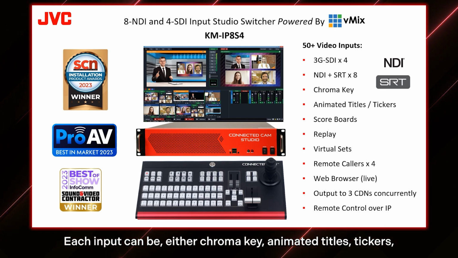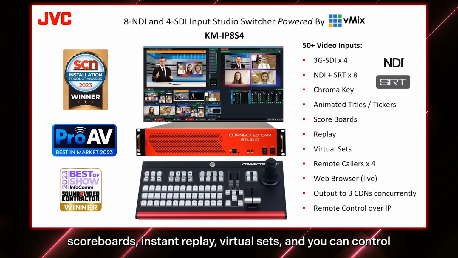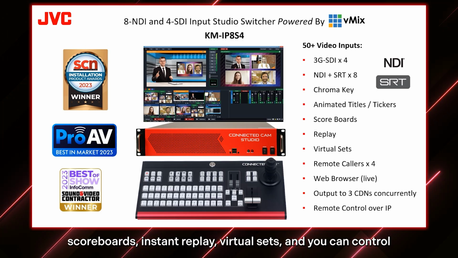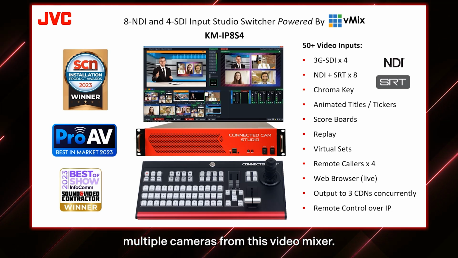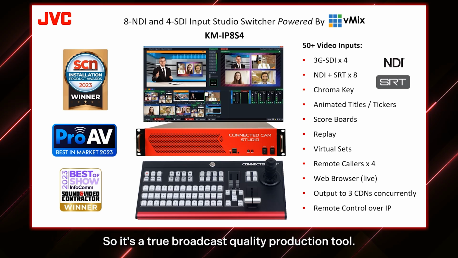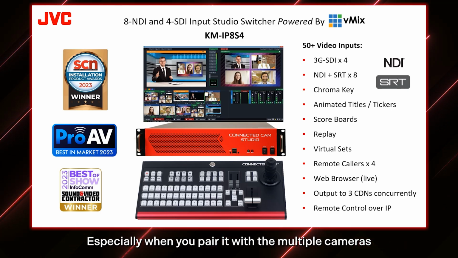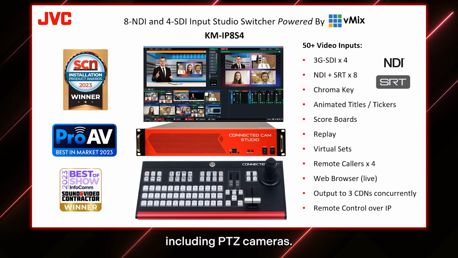Each input can be, there's chroma key, there are animated titles, stickers, scoreboards, instant replay, virtual sets, and you can control multiple cameras from this video mixer. So it's a true broadcast quality production tool, especially when you pair it with the multiple cameras and including PTZ cameras.